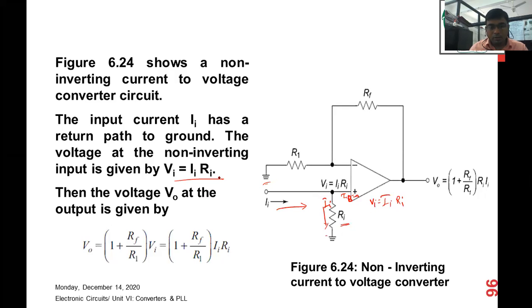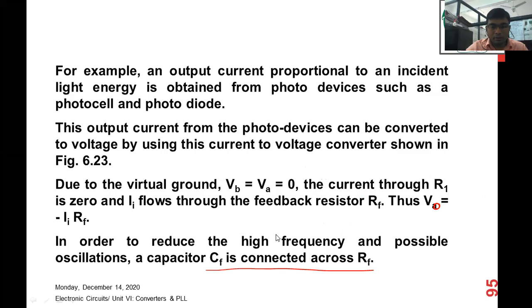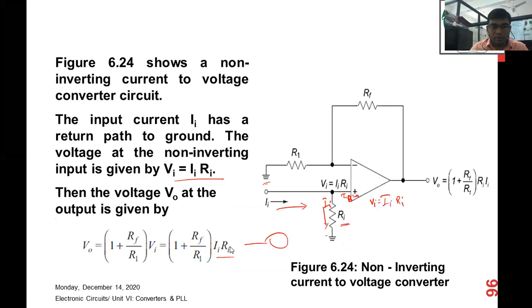So the output voltage, as it is a non-inverting configuration, is 1 plus Rf upon R1 into Vi. And what is Vi? Vi is II into Ri, so Vo is 1 plus Rf upon R1 into II into Ri.